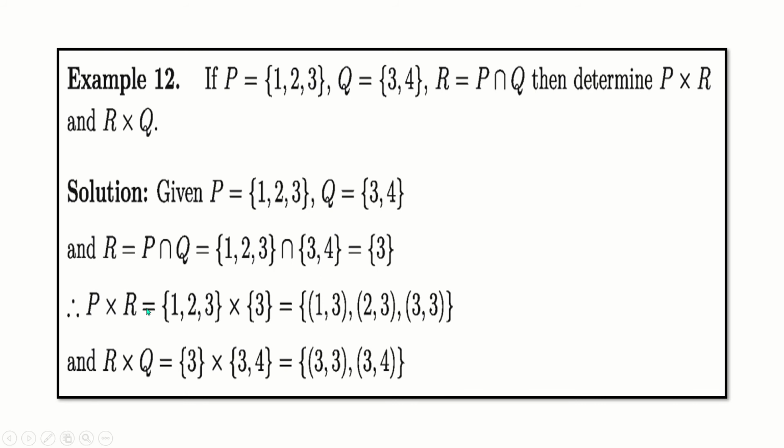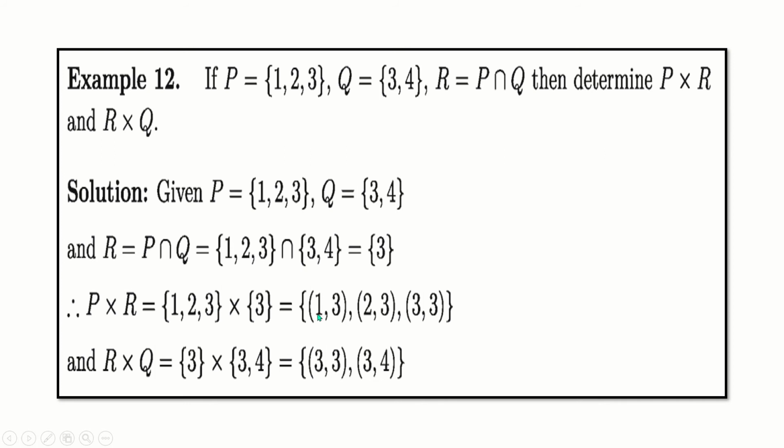P cross R. P is equal to {1, 2, 3}, R is equal to {3}. Cross means Cartesian product. So all the first elements are the elements of P, and all the second elements are the elements of R. That means the ordered pairs are (1, 3), (2, 3), (3, 3).